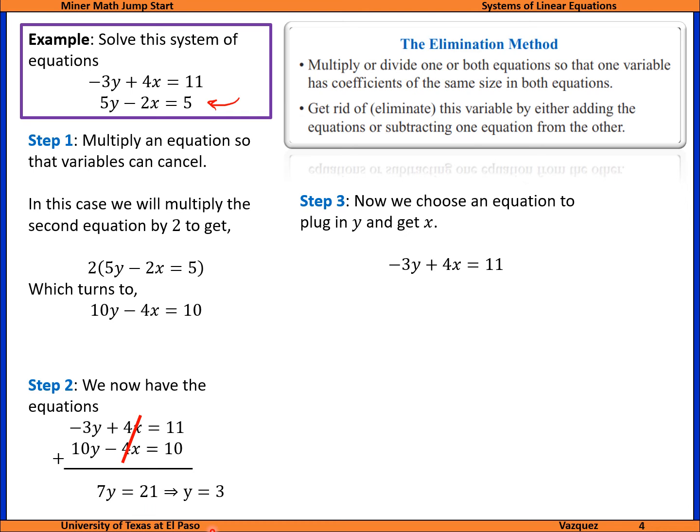In this case, we'll use this equation, negative 3y plus 4x equals 11. But you can use any of the equations we have here. You can use the other equation, 5y minus 2x equals 5. They will both work. So now we know y is equal to 3, so that's what we're going to plug in.